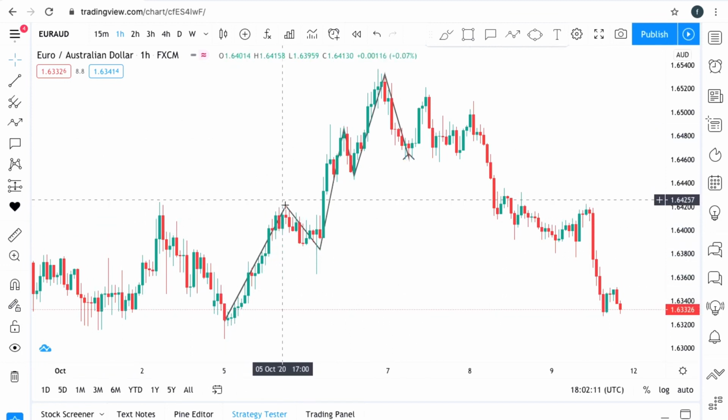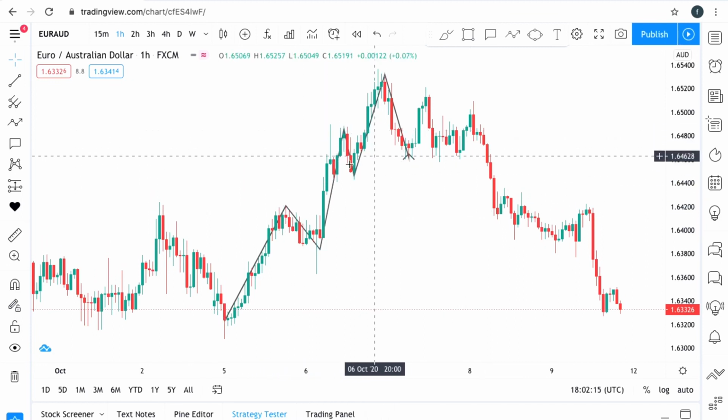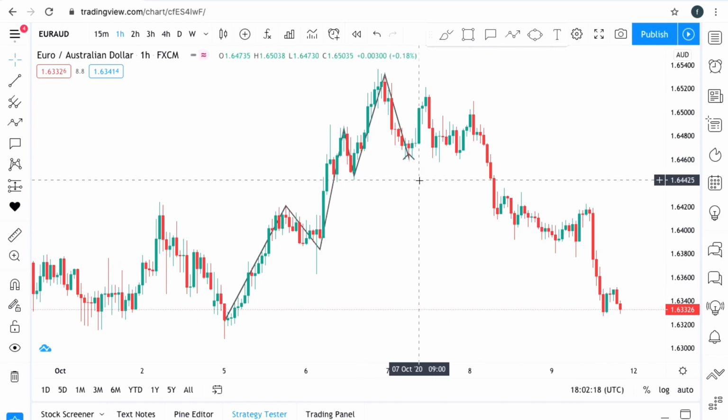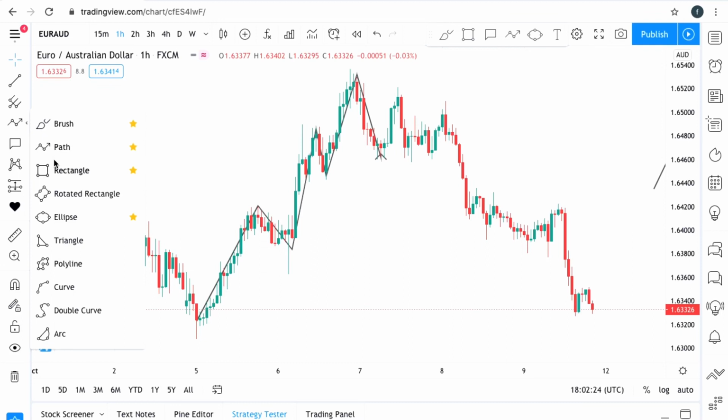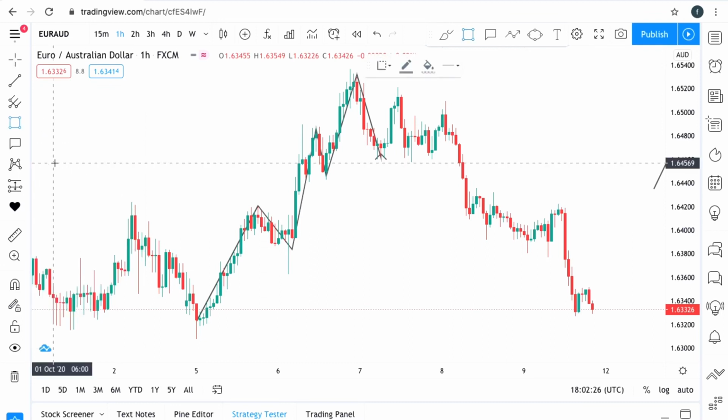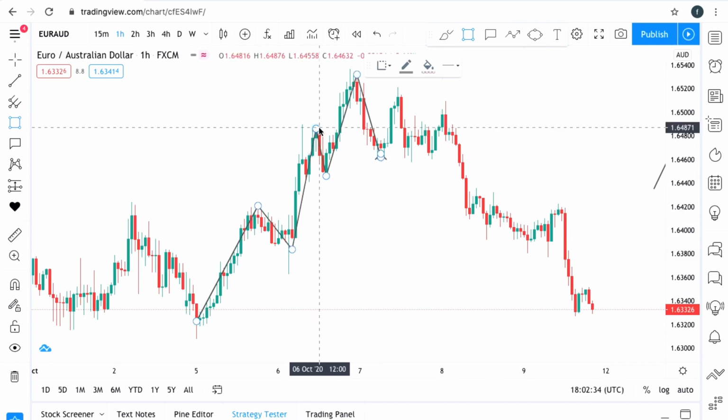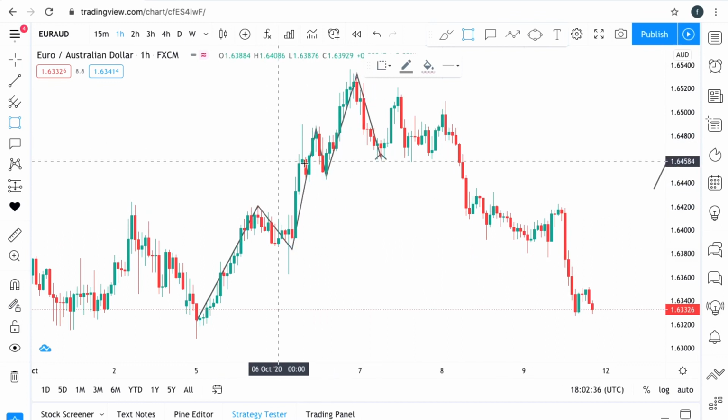This is how I actually learned to identify the higher highs and higher lows, because I always had trouble knowing which phase the market was in. So I used to use the trend line tool and just draw it out to identify the higher highs and higher lows.